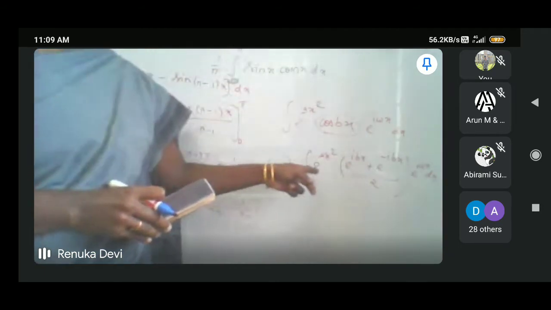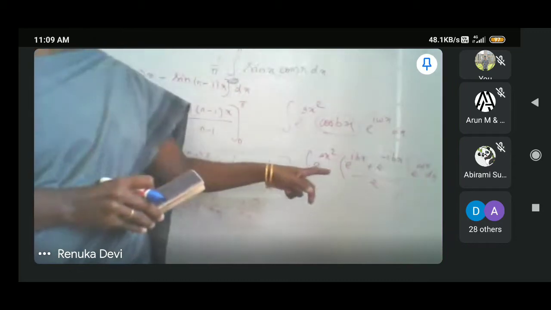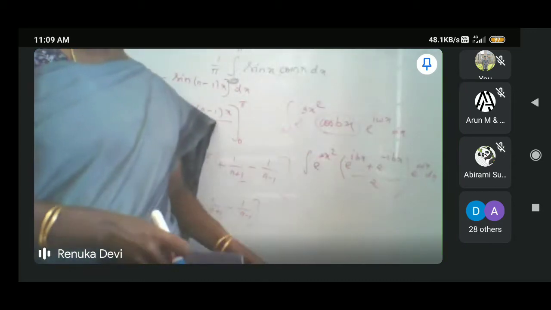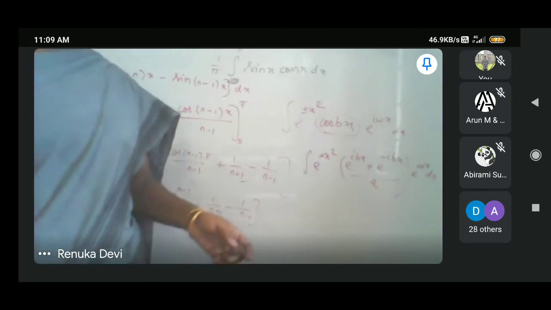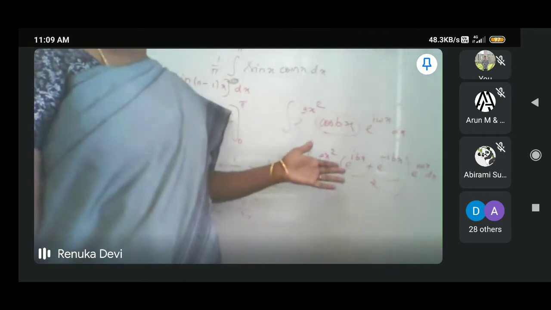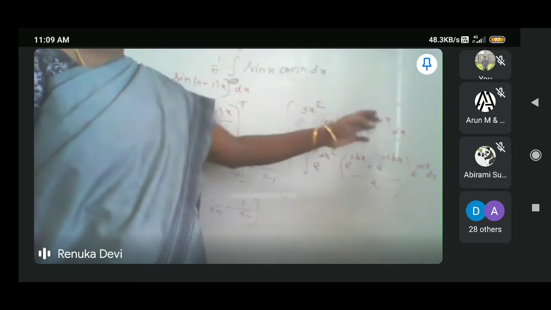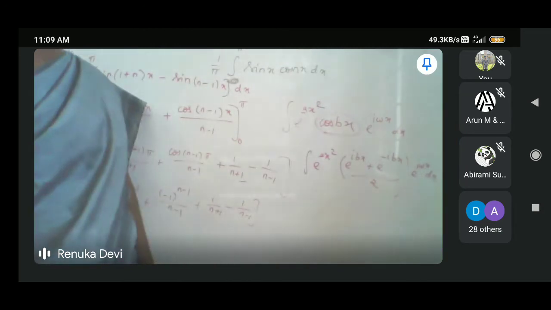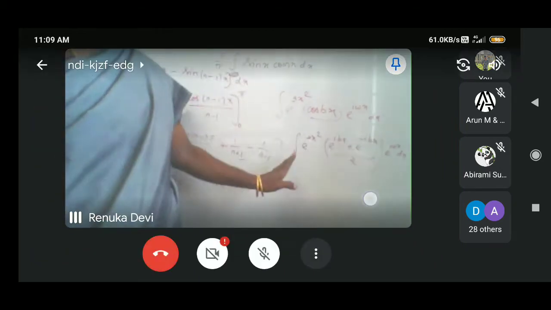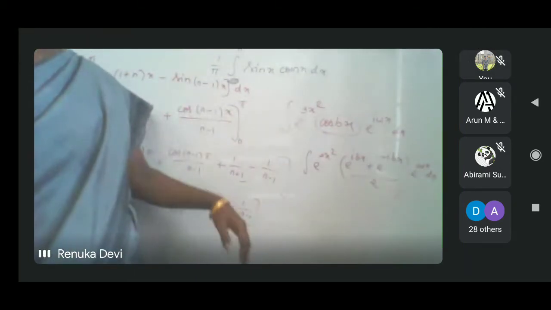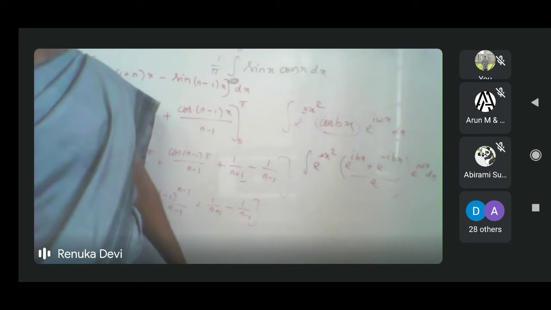Three times you multiply, and then you make it a perfect square. Then the problem will be very simple. Otherwise, if you use integration by parts for e and cos, you cannot solve the problem easily. So you just multiply these 3, divide into 2 integrals, and then apply the perfect square method.